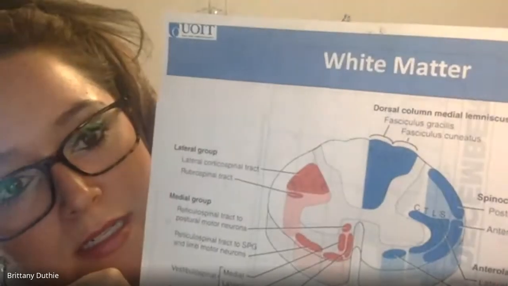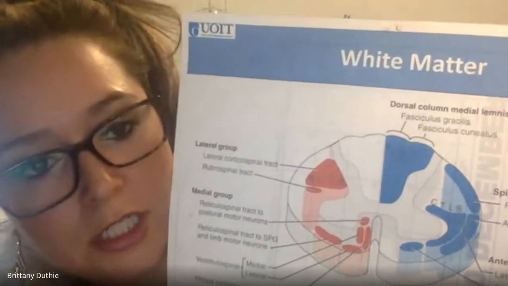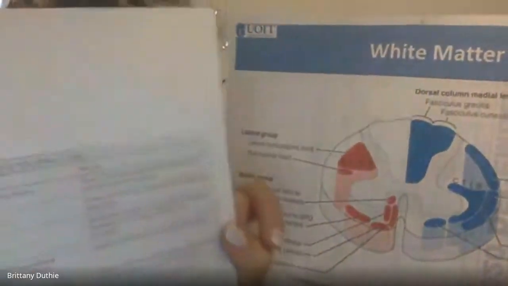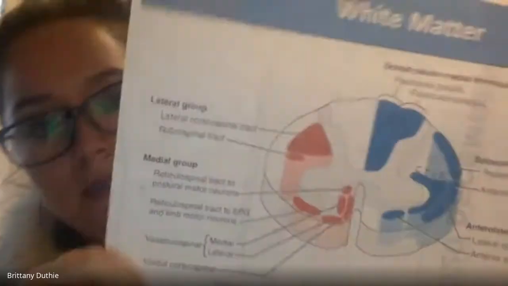And then don't you need this one to know which ones are which on here? Not necessarily. Because the way that they're described, you have the medial upper motor neuron tracts. So which ones are sensory, which ones are motor on the diagram? On this one? Yeah.